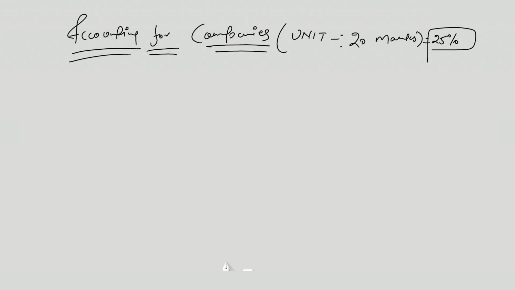If a business has the form of a company, what are the various transactions which are going to be recorded? This unit talks about those perspectives of doing business in the form of companies.